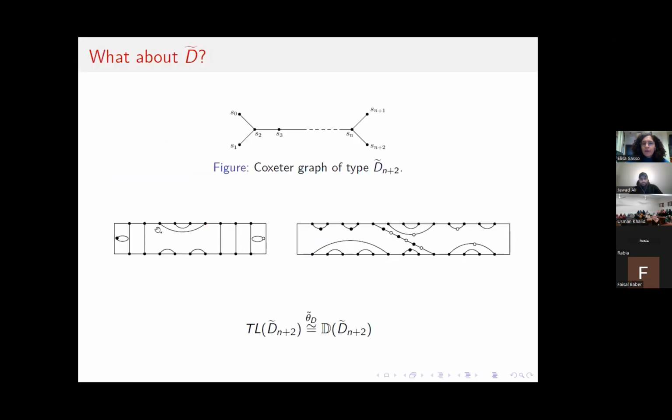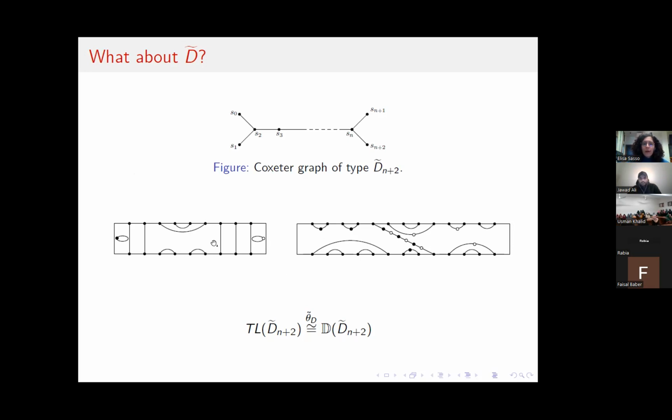I just wanted to show you that the previous one was the representation of type B tilde. This is the representation of type D tilde. We use very similar diagrams and the results follow from the previous one. This time we have just 2 decorations. Before we had 3 decorations, now we don't have the white triangles; we just have the white circles and the black circles.